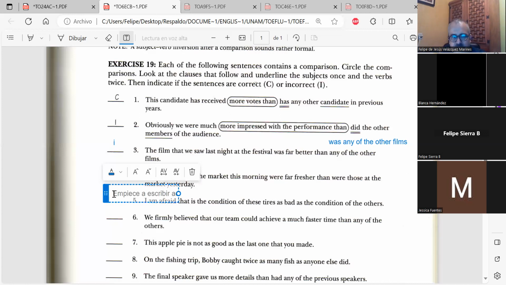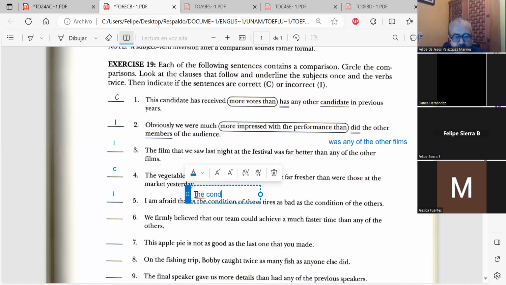Because "as" is a linker, and after the linker comes subject, verb, complement. The condition of these tires is, but then we have the comparative as bad as the condition of the others is, because we're talking about the condition.